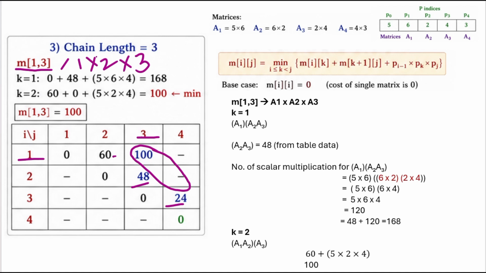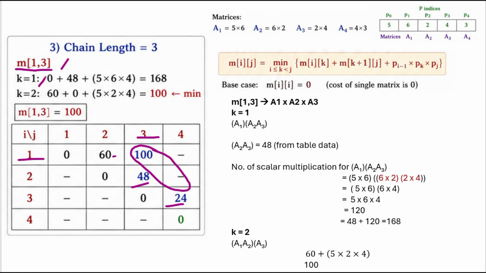And what are the possibilities? Here 2 possibilities are there. First we multiply these two matrices and then multiply the resultant matrix with this matrix. Otherwise, one more possibility is there. We find this result first, then multiply with this value. So here we use two k values, k1 and k2.